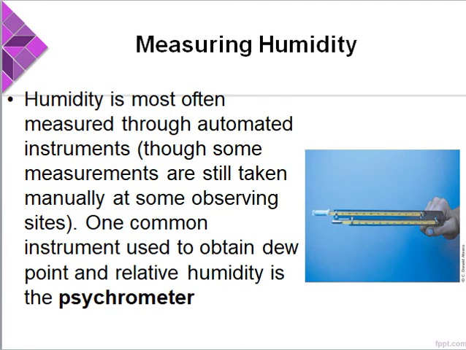Now, in measuring humidity, humidity is most often measured through automated instruments, though some measurements are still taken manually at some observing sites. One common instrument used to obtain dew point and relative humidity is the psychrometer, which consists of two liquid-in-glass thermometers mounted side by side and attached to a piece of metal that has either a handle or chain at one end.